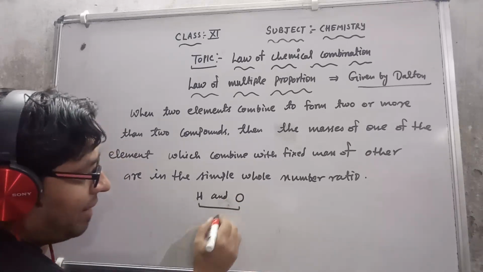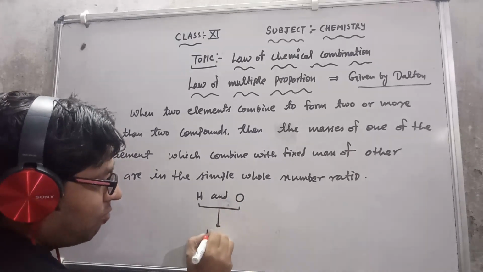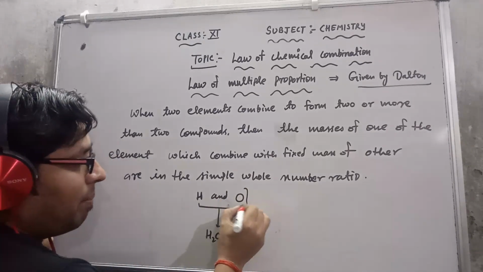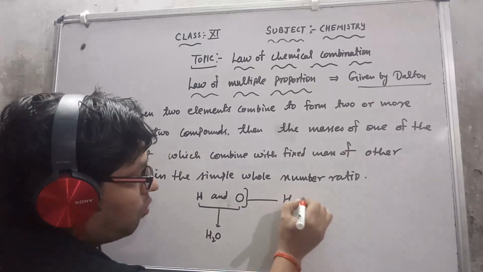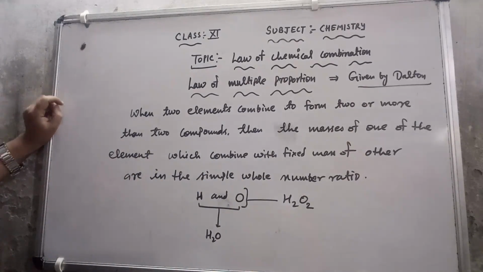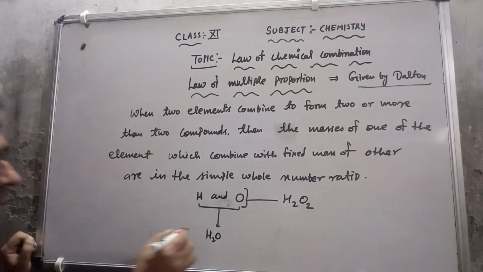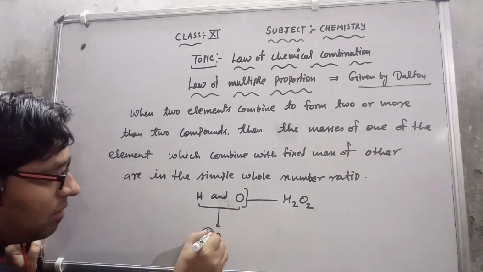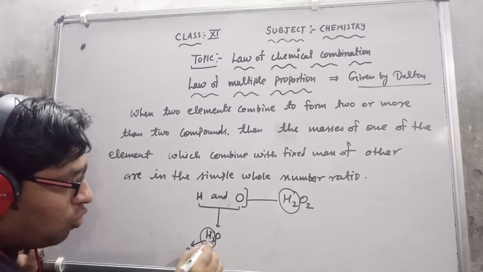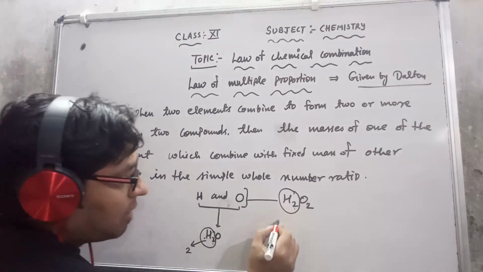When they combine, they give us one molecule of water, and similarly when they combine, they can give us the molecule of hydrogen peroxide, that is H2O2. If the mass of one element is fixed, which one? This is hydrogen. Here you can check the mass of hydrogen is 2, 2 multiply 1. Here also 2 multiply 1.